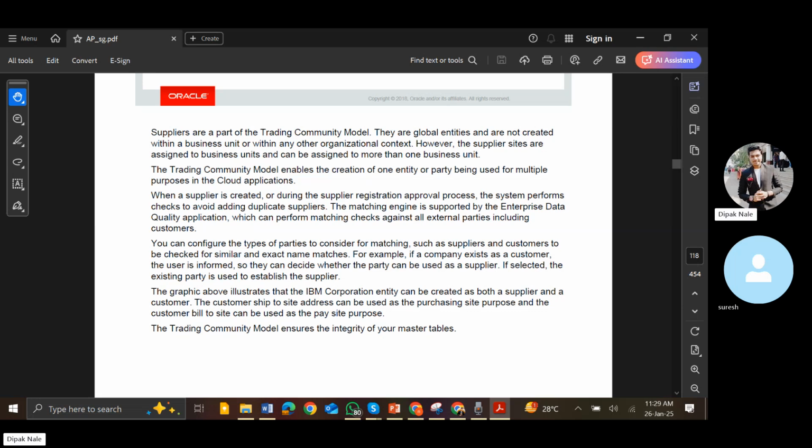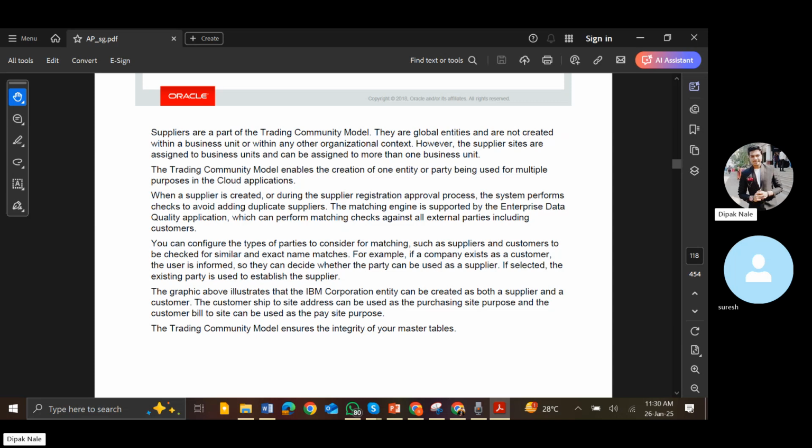You can configure the types of parties to consider for matching, such as suppliers and customers, to be checked for similar and exact name matches. For example, if a company exists as a customer, the user is informed so they can decide whether the party can be used as a supplier.